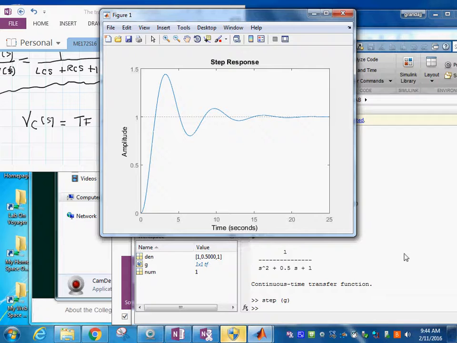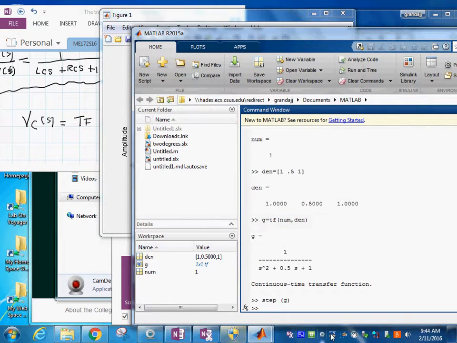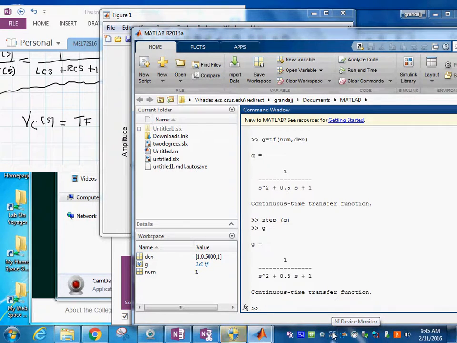Now, I would say that it is easier at times to define this variable as a transfer function variable and then treat the fraction as if it were an algebraic expression. Let me explain what I'm trying to say. In other words, we're done with this because we got the transfer function and it's in the workspace.